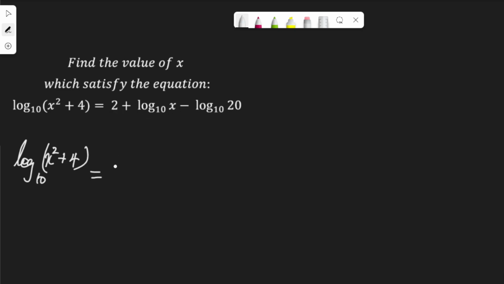Instead of the 2 here, I want to express it as a logarithm to base 10, that should be log 100 to base 10. The logarithm of 100 to base 10 is 2, plus log x to base 10 minus log 20 to base 10.